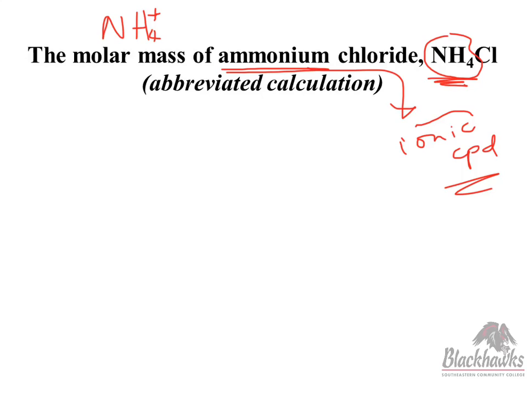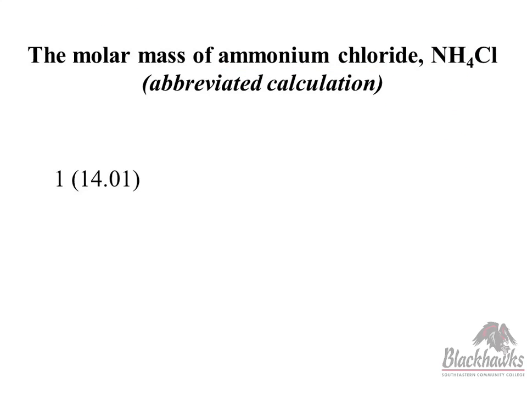So it's an ionic compound, so I wouldn't find a molecular weight. I would find a formula weight, but let me go ahead and show you the abbreviated way. Account for the nitrogen. There's 1 of them. It weighs 14.01. Account for the 4 hydrogens, part of ammonium, 4 times the decimal number for hydrogen, 1.008. And the chlorine is getting kind of heavy there.